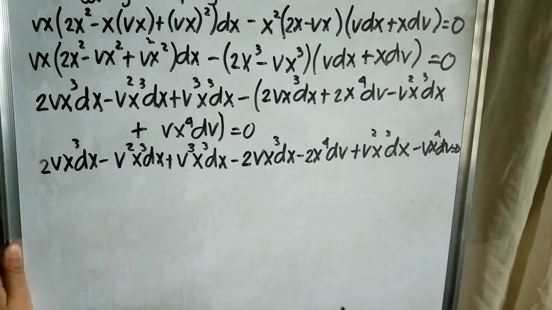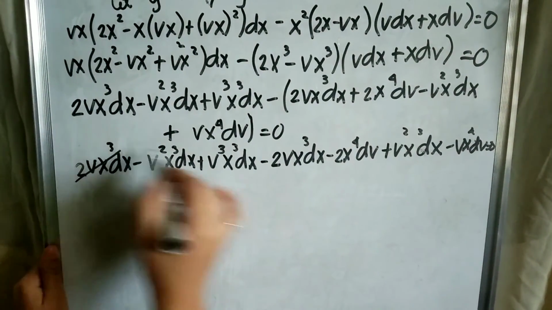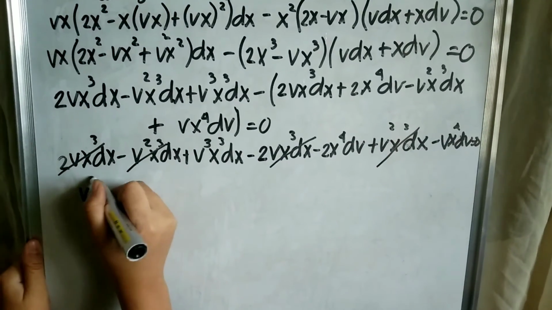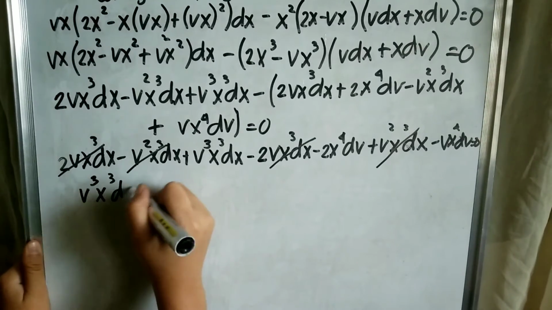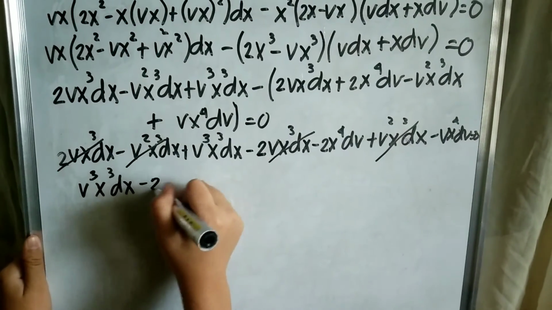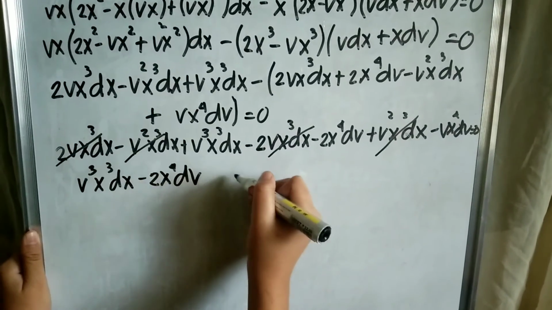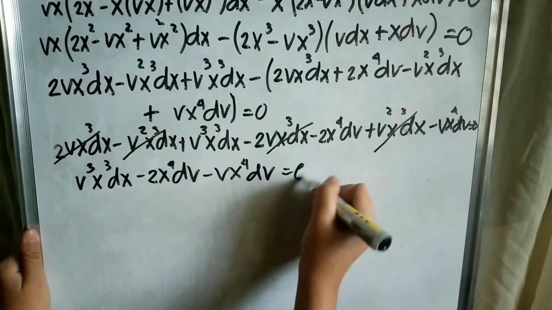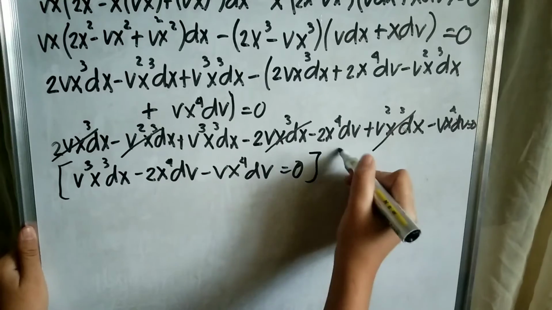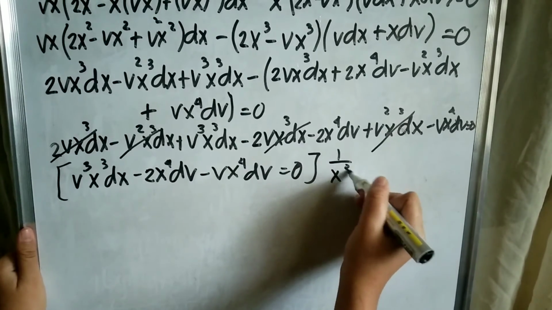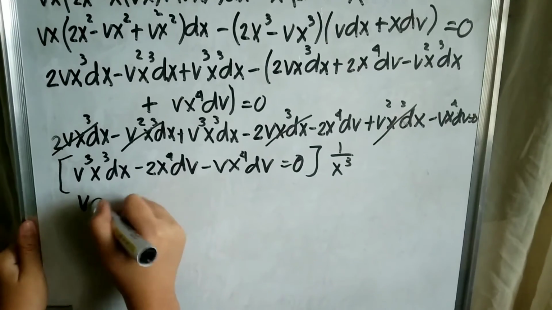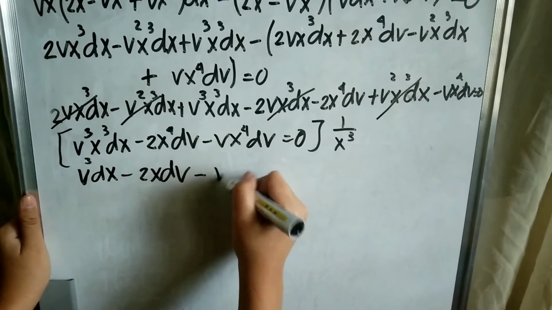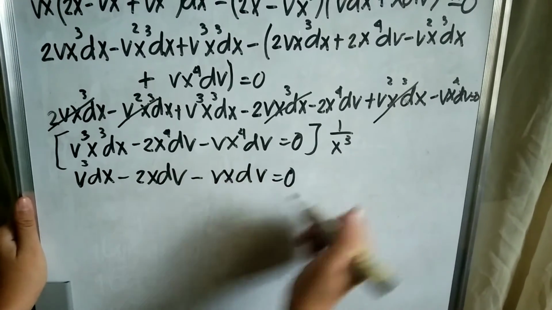And then we'll combine like terms. This will become cancelled, and this one. So the remaining term is v cubed x cubed dx minus 2x fourth dv minus v x fourth dv is equal to 0. Simplify by dividing both sides by x cubed. v cubed dx minus 2x dv minus vx dv is equal to 0.